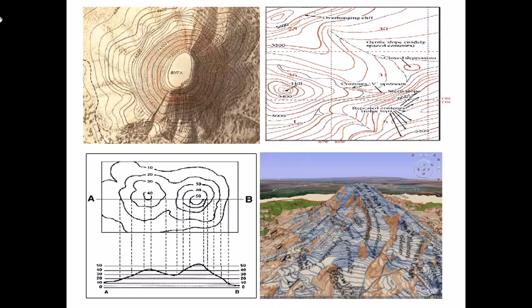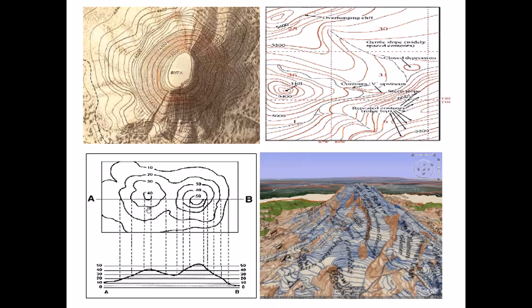It gives you a clear picture of reduced levels of different points on the ground, and hence a picture about what the land looks like, what sides of the land are at a higher elevation, which sides are at a lower elevation, if there are any valleys, if there are mountains, how many mountains there are, what sort of topography there is. You can get everything by just looking at this map.